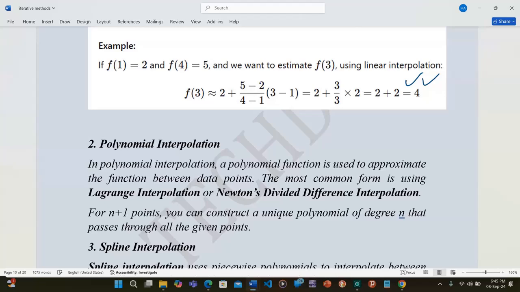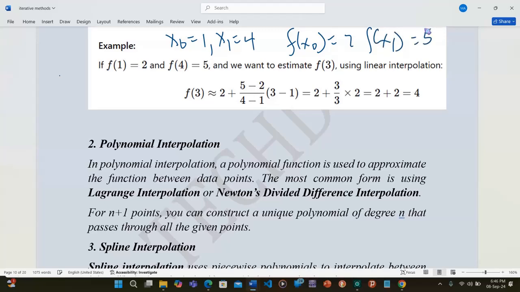Just for demonstration purposes, x0 is equal to 1, x1 is equal to 4, and f of x0 is therefore equal to 2, and f of x1 is equal to 5.